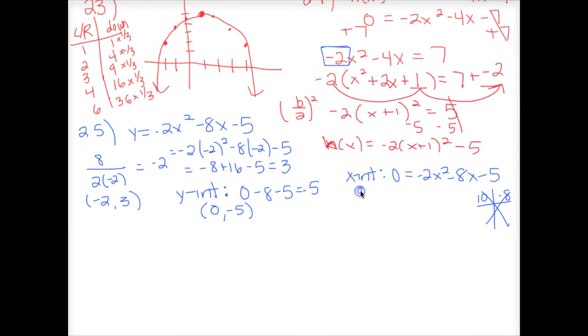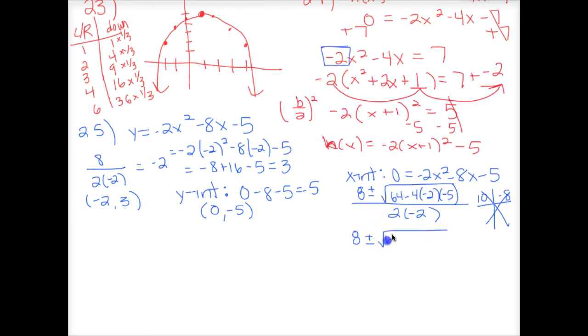So opposite of b, plus or minus the square root of b squared minus 4 times a times c, all divided by 2 times a. So simplifying, 1, 2, 3 negatives, which means it's going to be a minus.